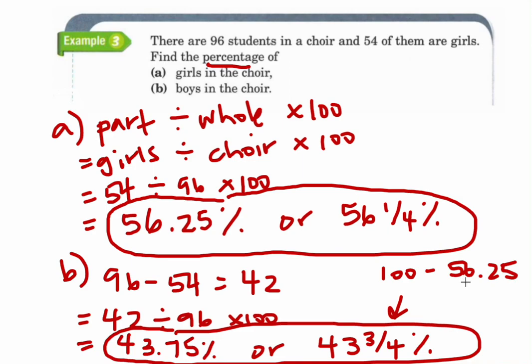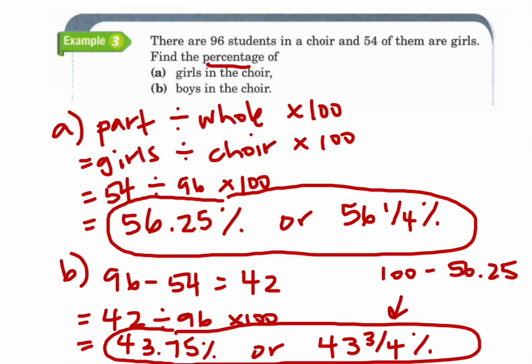Shortcut way. But I'm just showing you that it would be the same exact formula, except you would take the number of boys, so changing the part amount, divided by the same whole amount, the entire choir, and times 100. So always part divided by whole times 100.